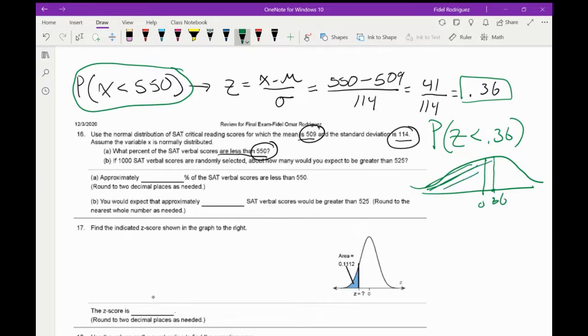Because we're looking for less than, we're looking for the area to the left. So on my calculator, I would find the normal CDF. Let's think about this. Here's my x-axis, and we're coming all the way over to the left. Wouldn't we say that all the way over here to the left, we usually use like a negative 9999?